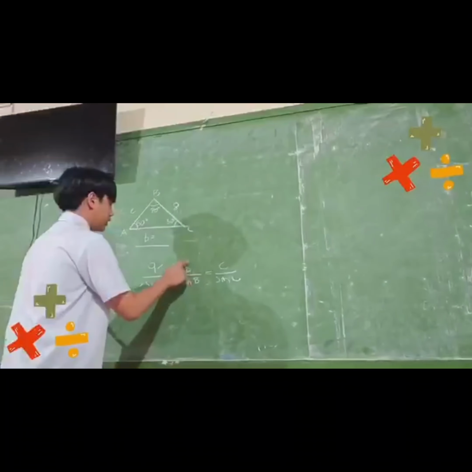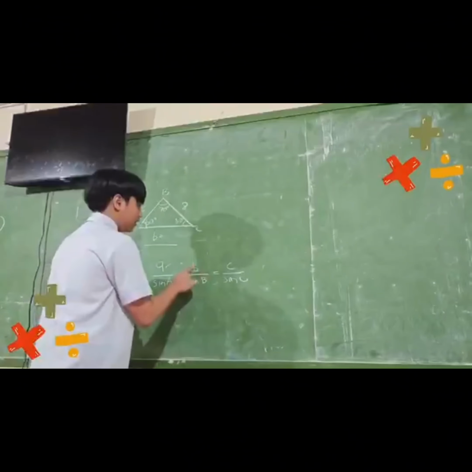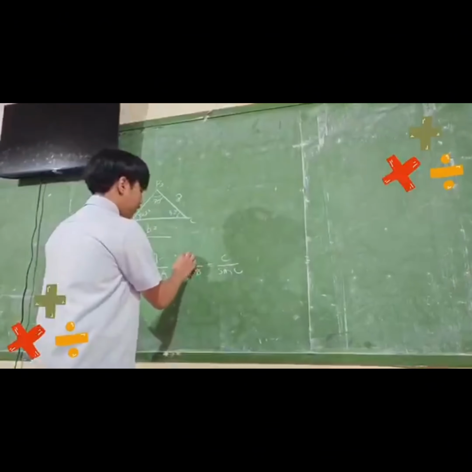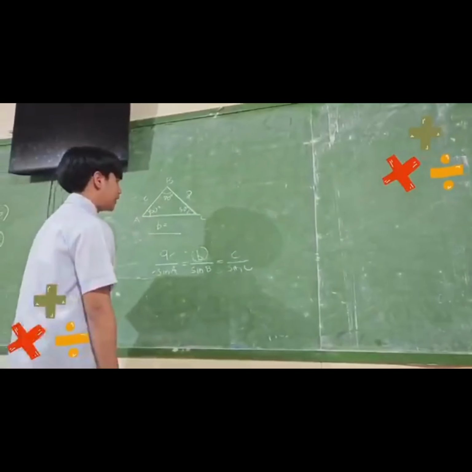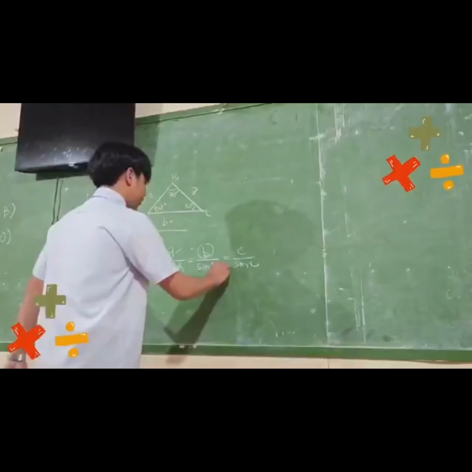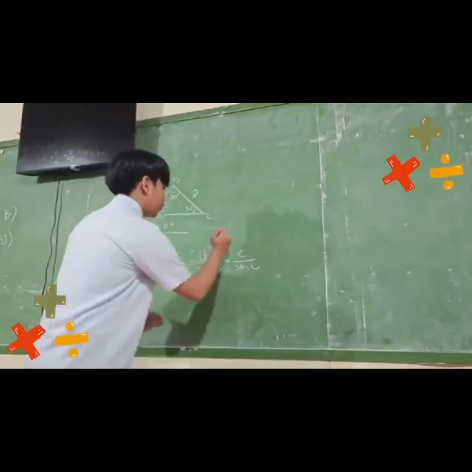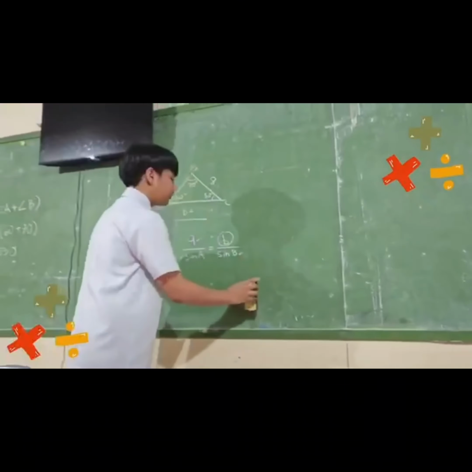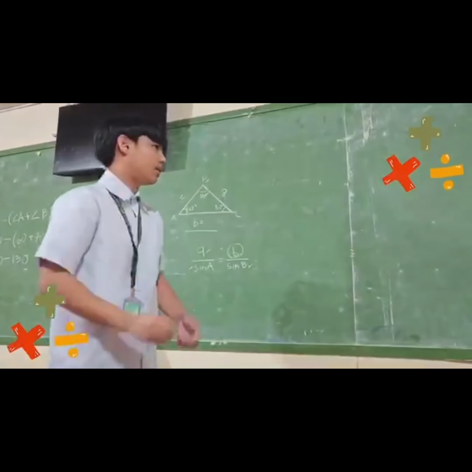Let's go to B. The value of B is still not found, so this is what we're going to find, and the angle of B is already here.